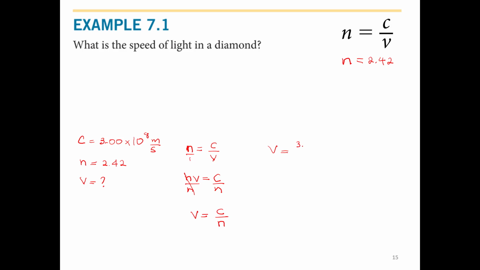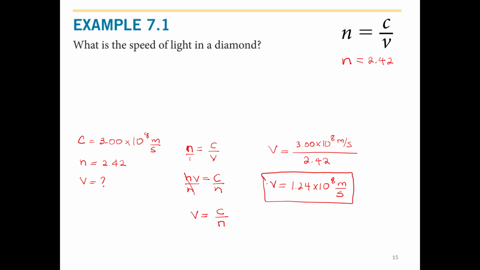Now we divide 3.00 × 10^8 meters per second by 2.42. As we expected, the units for velocity are meters per second. If we divide these two numbers, we find the speed of the light in diamond is 1.24 × 10^8 meters per second.